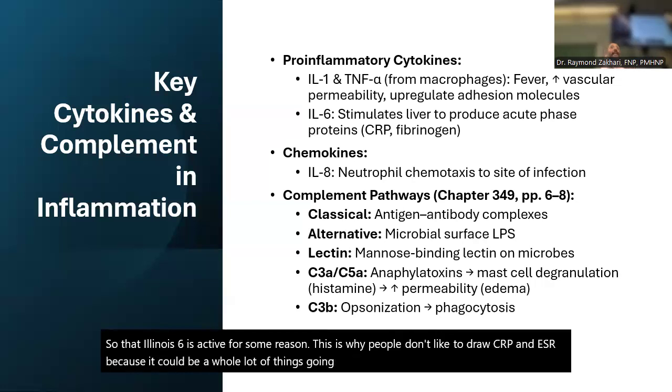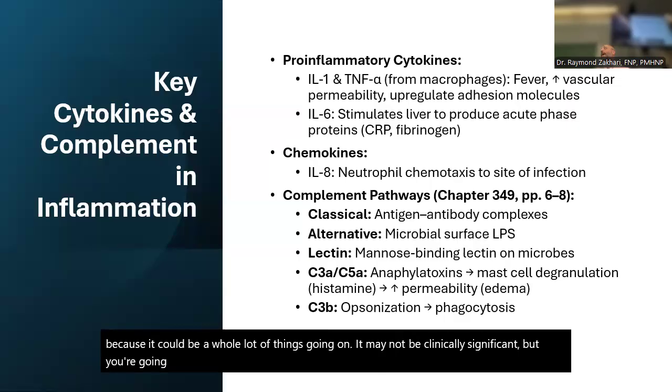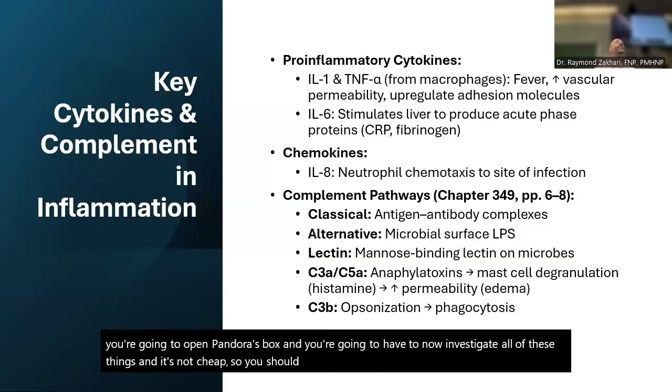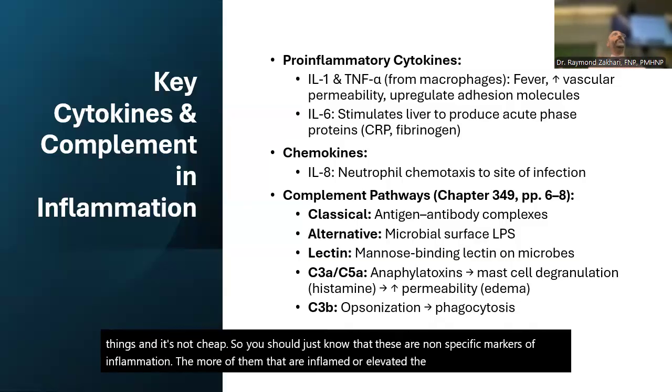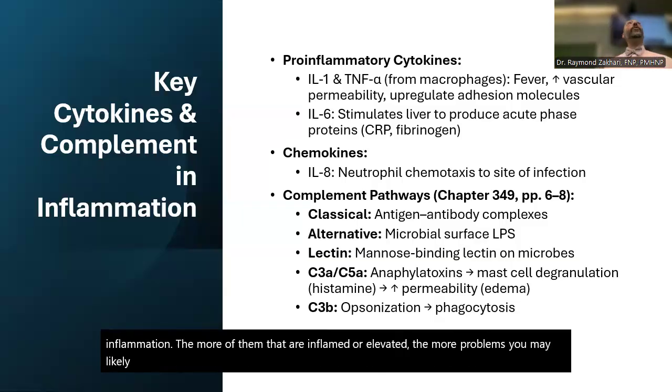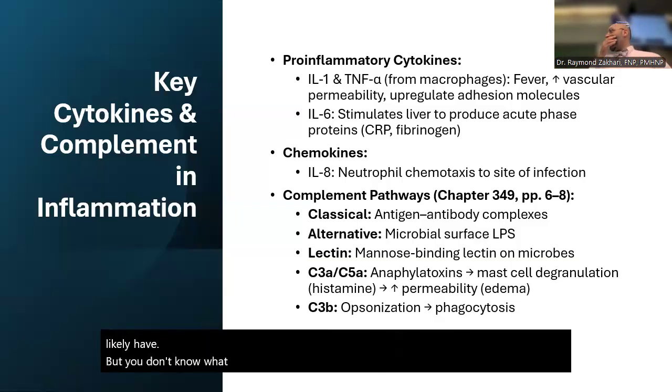It may not be clinically significant, but you're going to open Pandora's box and you're going to have to now investigate all of these things, and it's not cheap. So you should just know that these are non-specific markers of inflammation. The more of them that are elevated, the more problems you may likely have, but you don't know what you specifically have. These are non-specific.